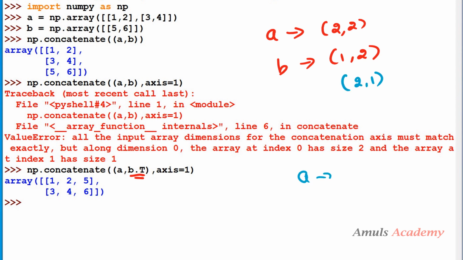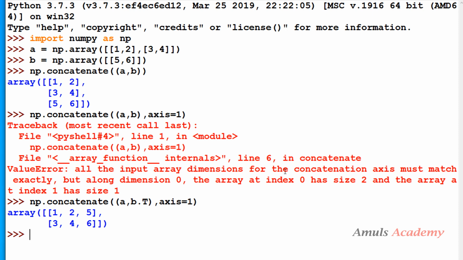Now a is 2, 2 and b is 2, 1. When we perform the concatenate function along axis 1, the other axis is the same, 2 and 2 are equal, that's why it will give the output. You should remember only one thing: when you are concatenating arrays, be careful about the dimension and shape of the array.